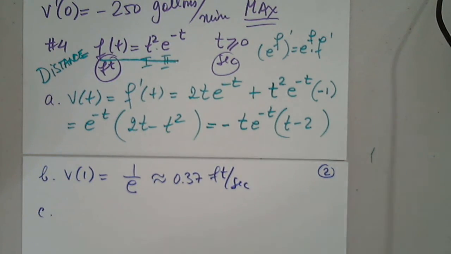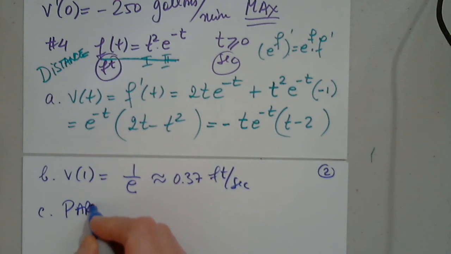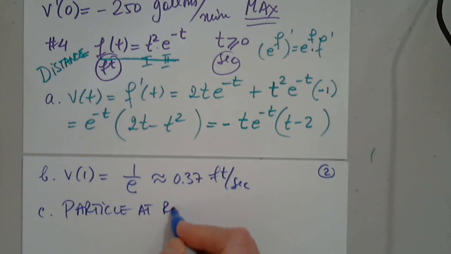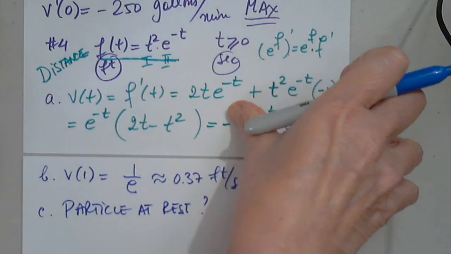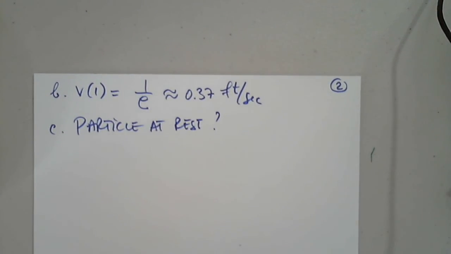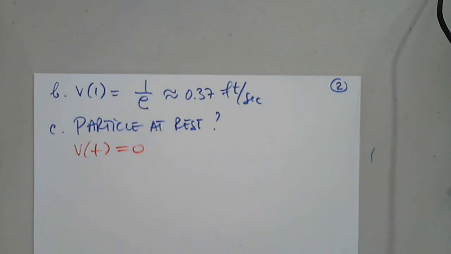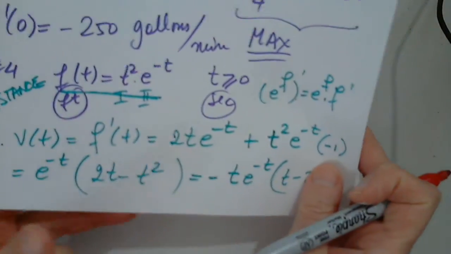Perfect. Part C. Let me share my screen. It's right here. Okay. When is the particle at rest? What happens when your car is waiting for you in the parking lot? Is it at rest? Yes, so the velocity is 0. That's it. V of t equals 0. See, I already had it.